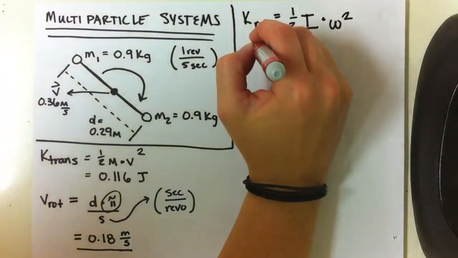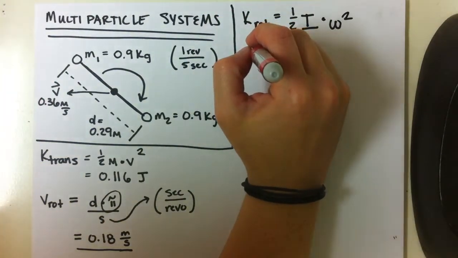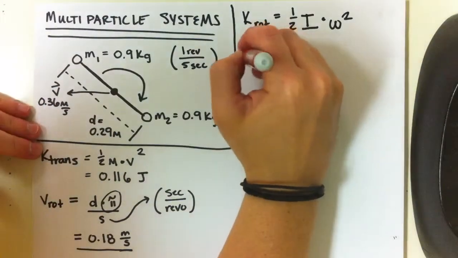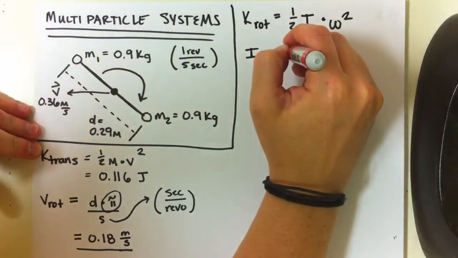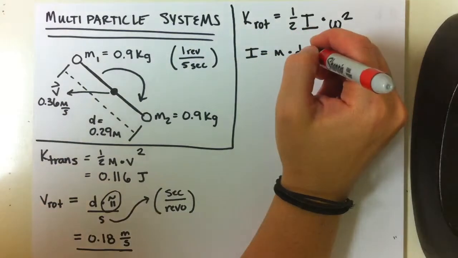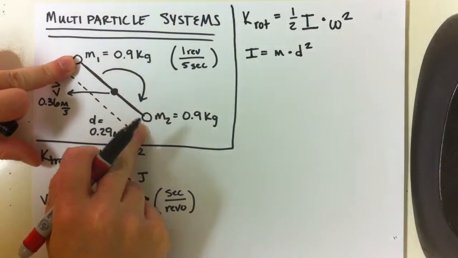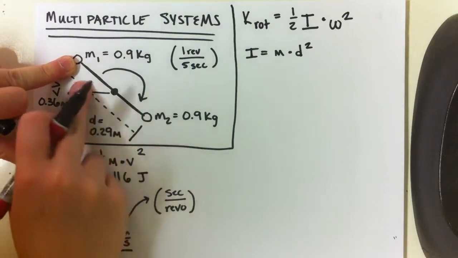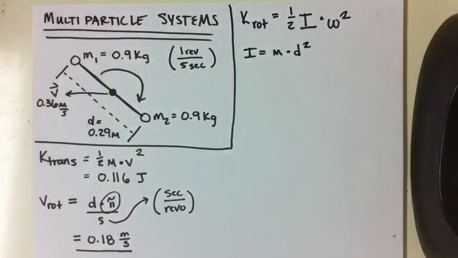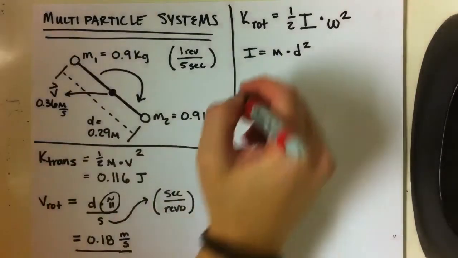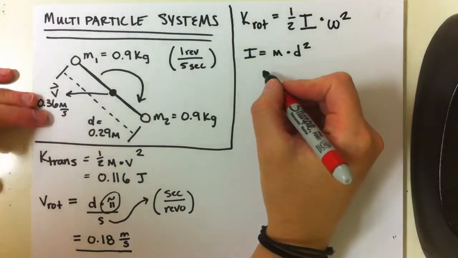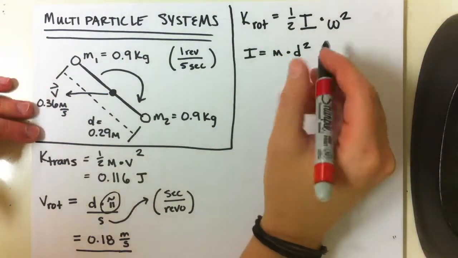So, I is simply equal to the mass times that distance squared. And since we have 2 masses, we're going to add the masses together. And then our distance, since we're going to do it twice, so our moment of inertia is going to be our mass times our distance squared.